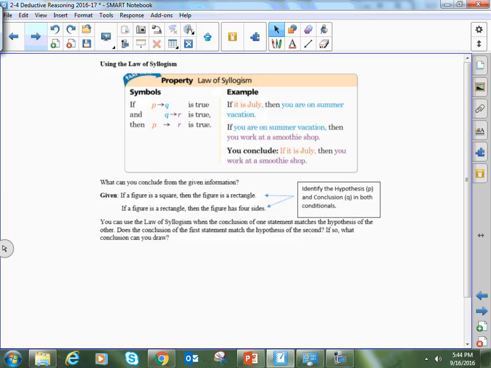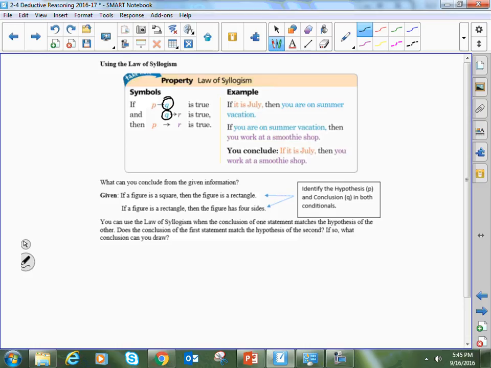Now, the last one that we're going to talk about here is the law of syllogism. I like to think of it as a way of producing a shortcut from one point to another point. The symbolic table that we're seeing here is saying, okay, I have this conclusion of a conditional statement becoming the hypothesis of a second conditional statement.